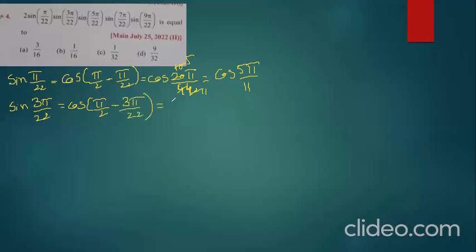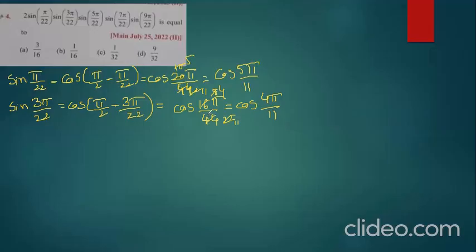What do you get? 22 minus 6 is 16 pi by 44. Two 8 times, 2 twenty-two times, 2 eleven times, 2 four times. So finally we are getting cos 4 pi by 11.